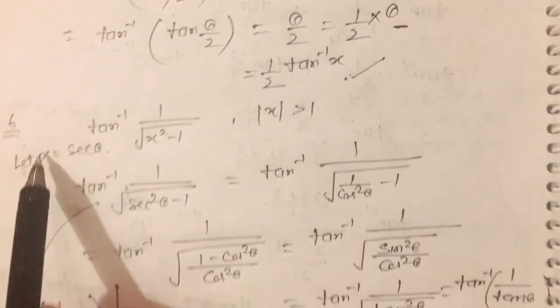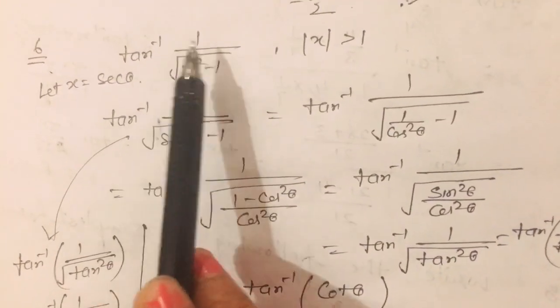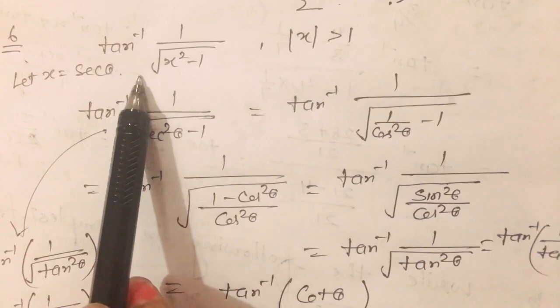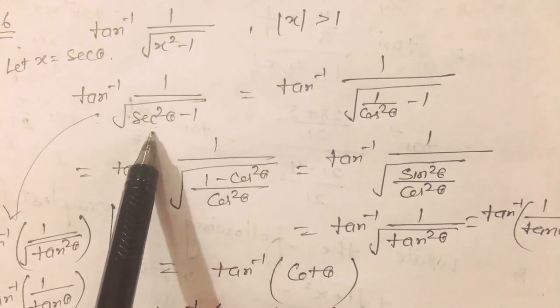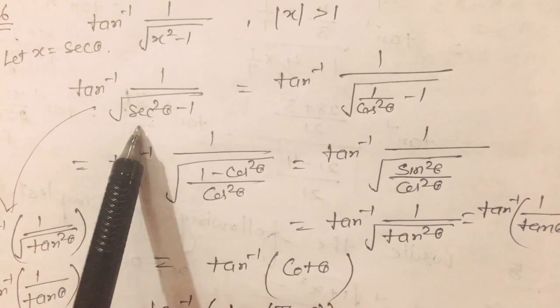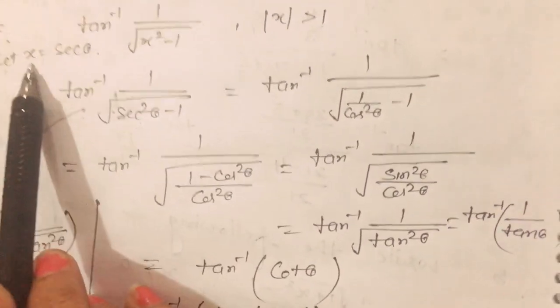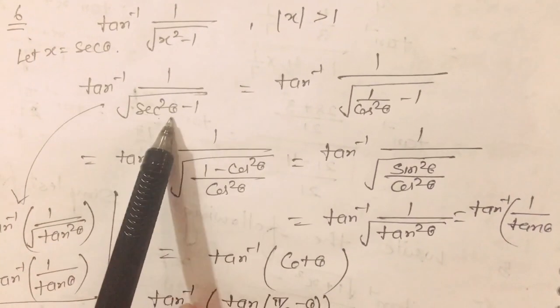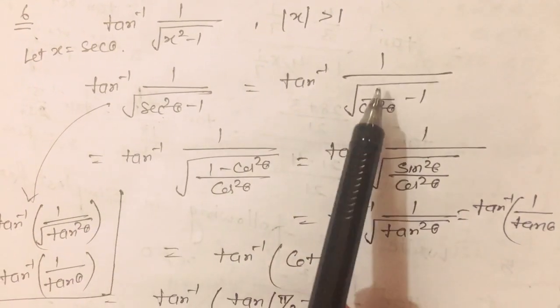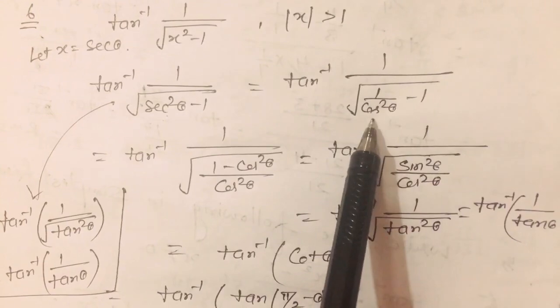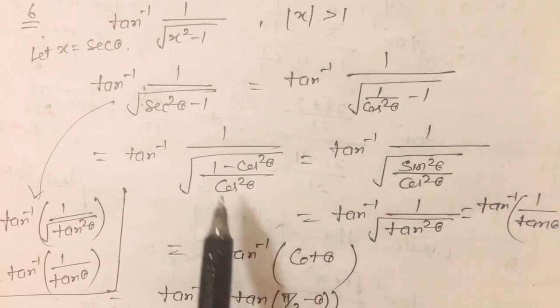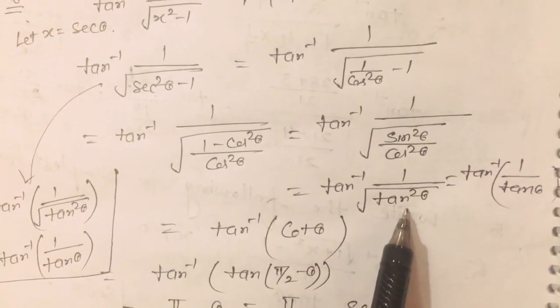Now come to the sixth question. Tangent inverse of 1 upon square root of x square minus 1. If we have x square minus 1, we have to put secant theta or cosecant theta. You can put cosecant theta also as you wish. So here I am putting x is equal to secant theta, and I have solved using reciprocal. Secant square theta minus 1 is 1 upon cos square theta minus 1, so after LCM we will get tangent square theta.